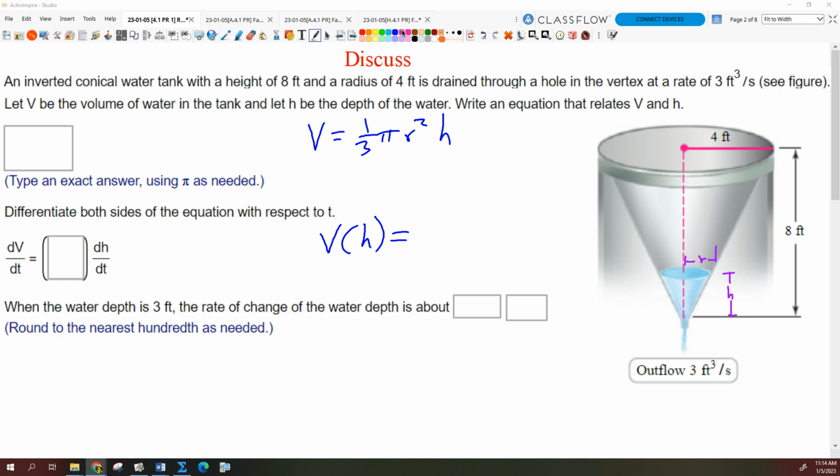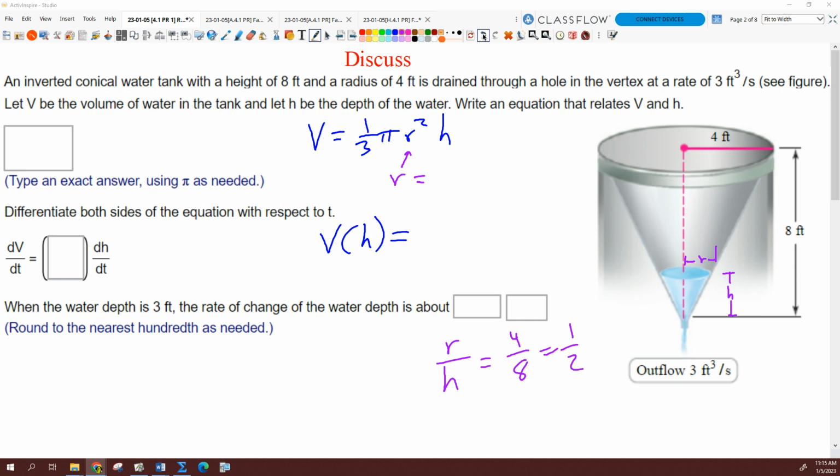We could just use similar triangles, and we could say something like r over h equals what? 4 over 8, which is 1/2, right? So we could use that to write r equals some function of h and then substitute, right?